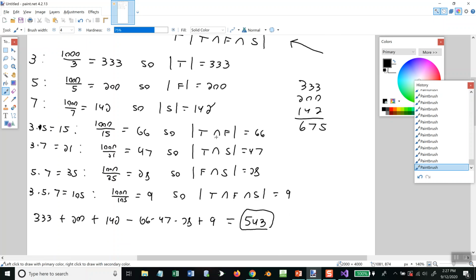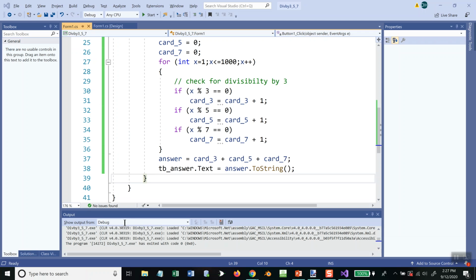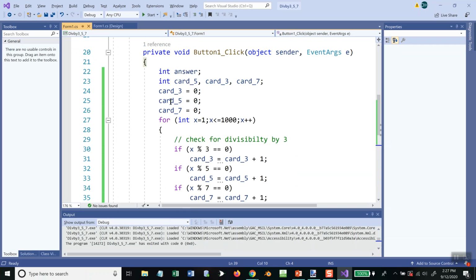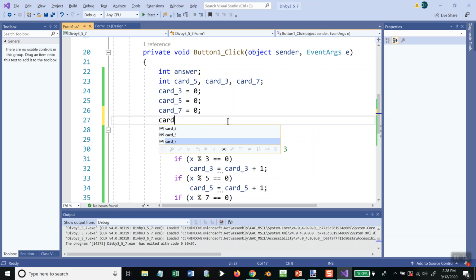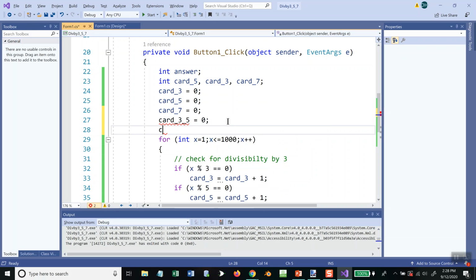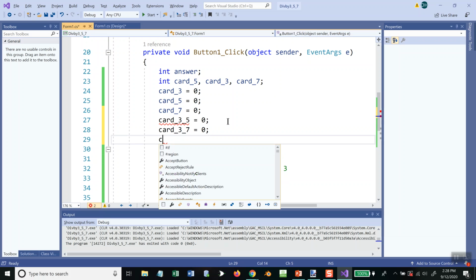Now we're going to look at the intersection of those. Specifically, we're checking to see if it's divisible by 15, 21, and 35. So cardinality of 3 and 5 is equal to 0. Cardinality of 3 and 7 equal to 0.